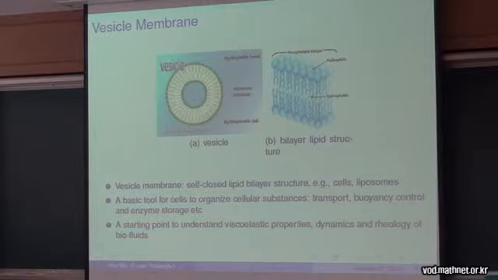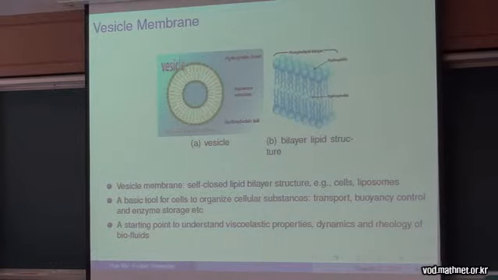For instance, the membrane can deform. It has the property of the elasticity, and actually in the two-layer structure, it can also slip like a fluid. So to study the properties of the deformation of this vesicle membrane has some important applications, not only in the biology.